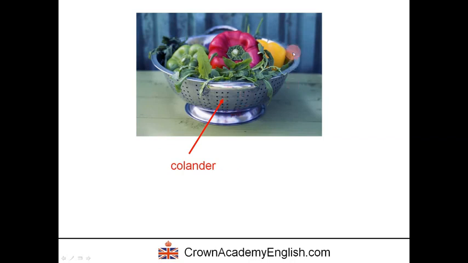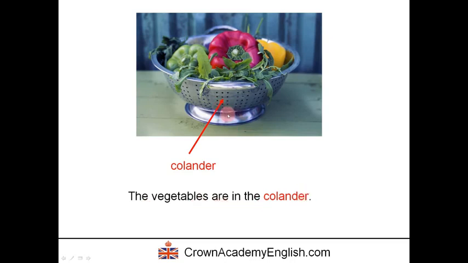This metal thing is called a colander. Colander. So it is a metal bowl with holes in it. There are small holes here, and the holes allow water to pass through it. Okay? So here we say the vegetables are in the colander.